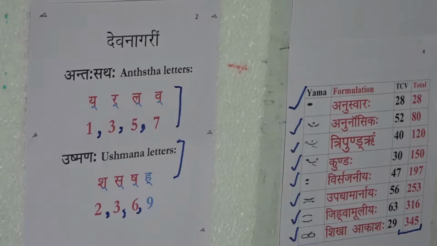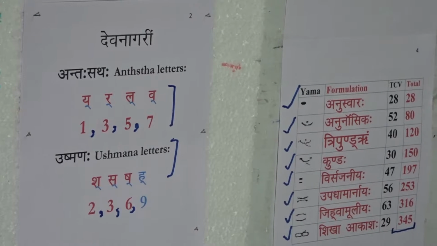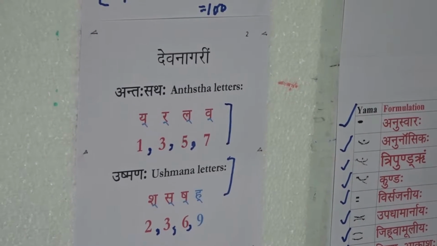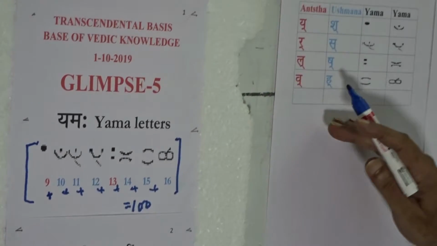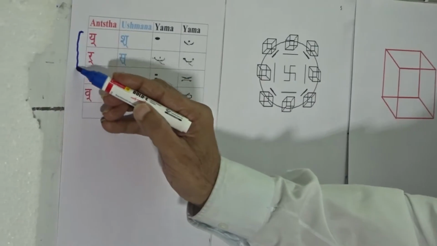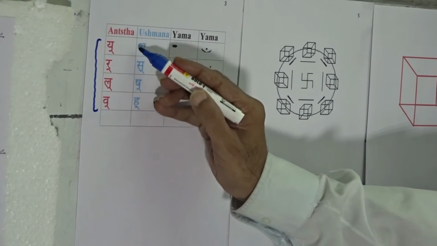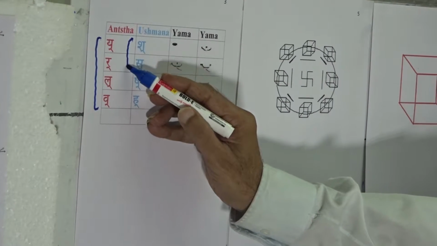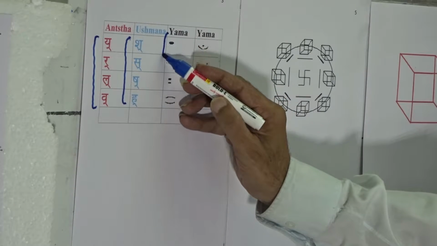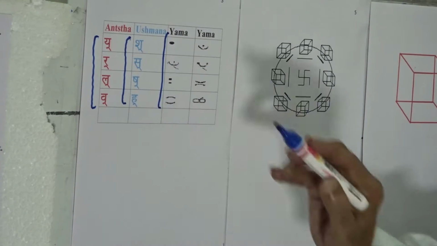Today we shall be exposing ourselves to and will be face to face with the interrelationship and coordination of these quadruple Anthastha letters, quadruple Ushmana letters and 8 Yama letters.